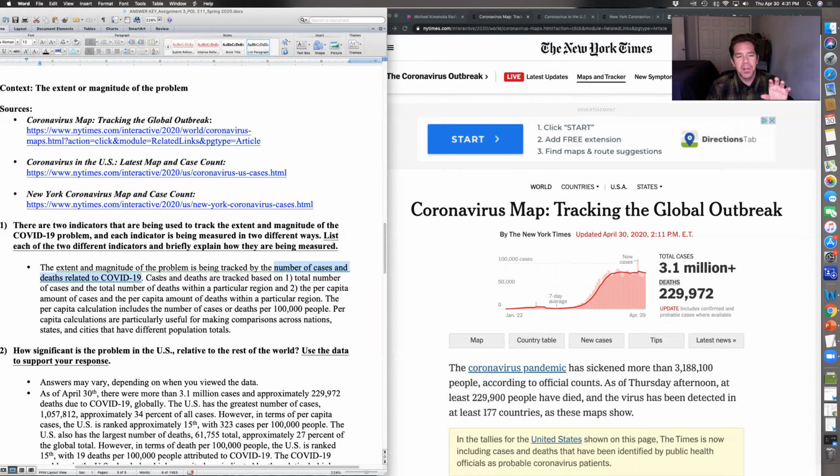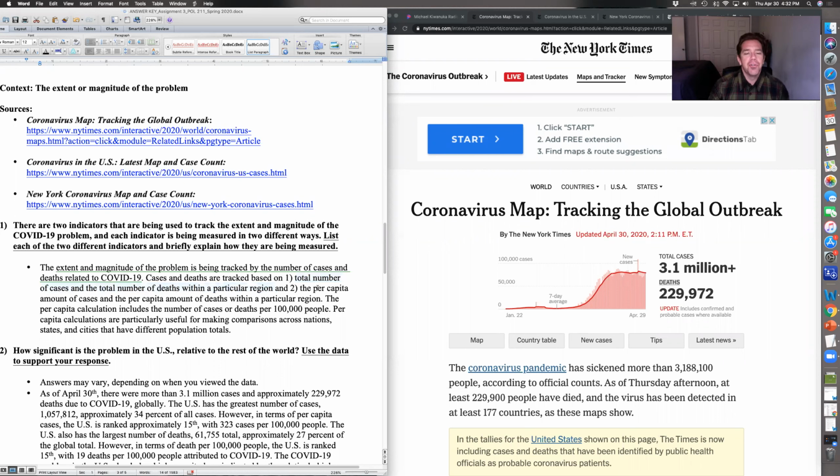These are indicators, quantitative measures of the coronavirus problem. What we have is the total number of cases and the total number of deaths within a particular region. So what's being tracked are total cases and total deaths in a country, in the world, in a state, in a county. We're getting that total number.